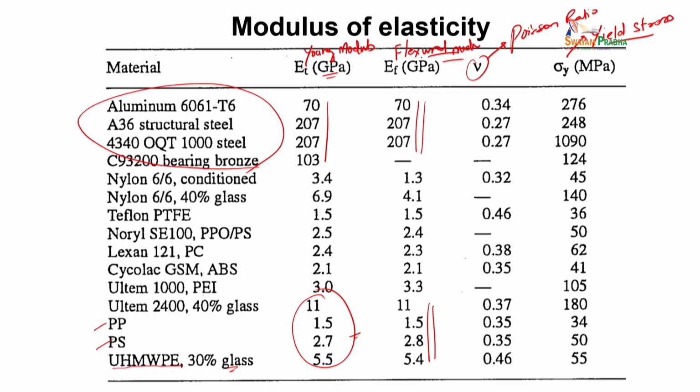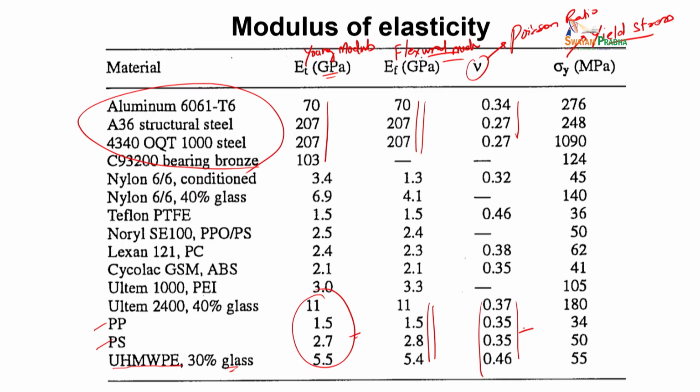And Poisson ratio typically is very small for metals, but it can be very close to the theoretical limit for polymers. Okay, so that means when you try to pull this material, the contraction in other directions is quite a bit for the polymers compared to metals. And of course, there is also yield stress. Clearly, yield stress is also quite different between the metals and the polymers.